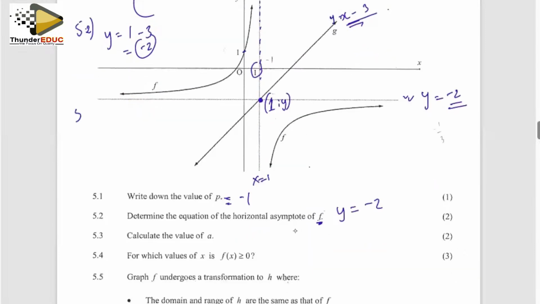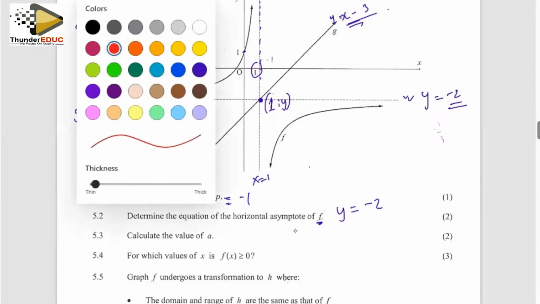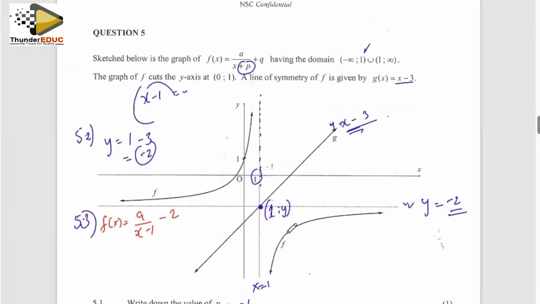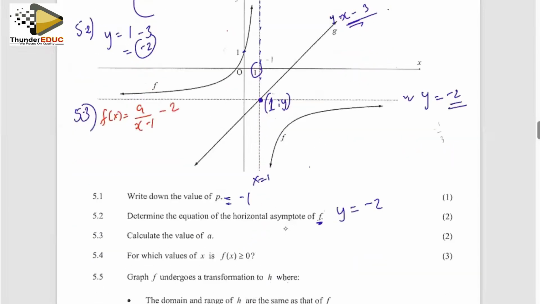And then they want us to get the value of a. So 5.3, value of a, just substitute into the original equation. So it's a over x minus 1, and we also found that q is -2. We need just one point since we have one unknown. The easiest one is to use 0 and 1.